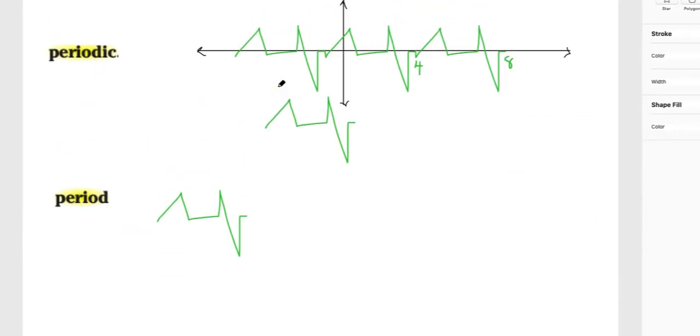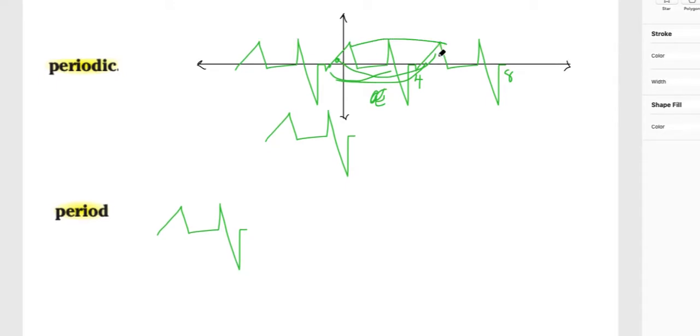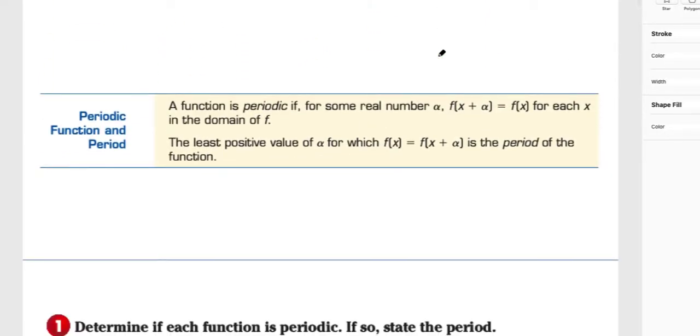So if you want to think about that, if we started off here and let's say alpha was this length here, then that would define it as periodic, because we know for every alpha we're going to get to the next value. Does that make sense? Hopefully it does. You can read it over and kind of make sure it's on point with what you understand.